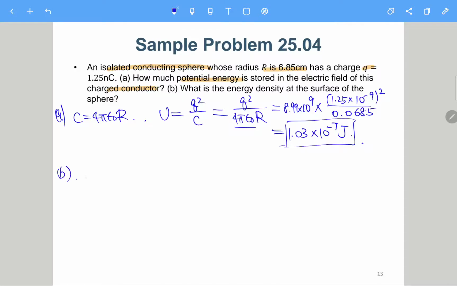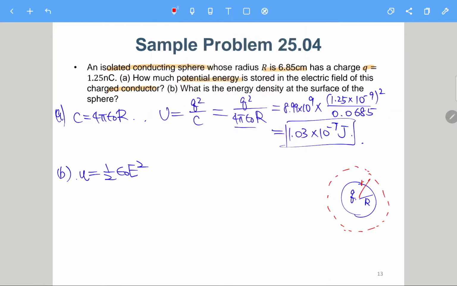So for part B, we have small u equal to 1/2 epsilon naught E squared. Actually, we have a sphere with small r, and we have a Q on this one, so we can imagine there is a Gaussian surface larger than capital R, which is small r.